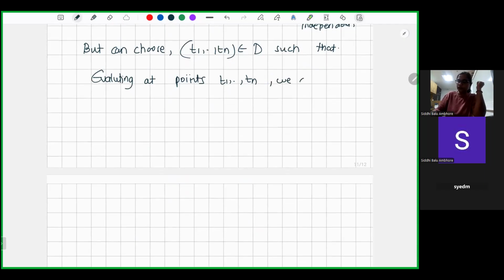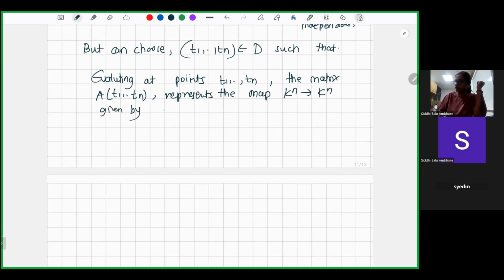Yes, we get the matrix A(T1 to Tn), which represents the map Kn to Kn given by A1 to An going to GT1 to GTN, right? That's what we are doing.